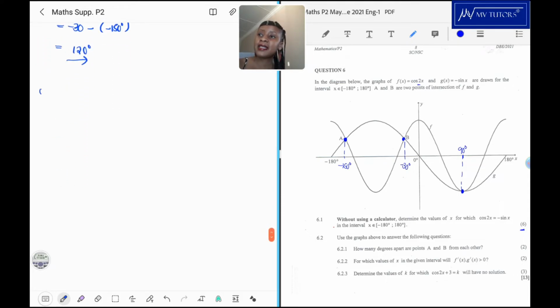Okay, and then 6.2.2: for which values of x in the given interval will f prime times g prime, if we multiply them, be bigger than 0? Okay guys, don't get scared if you see this.